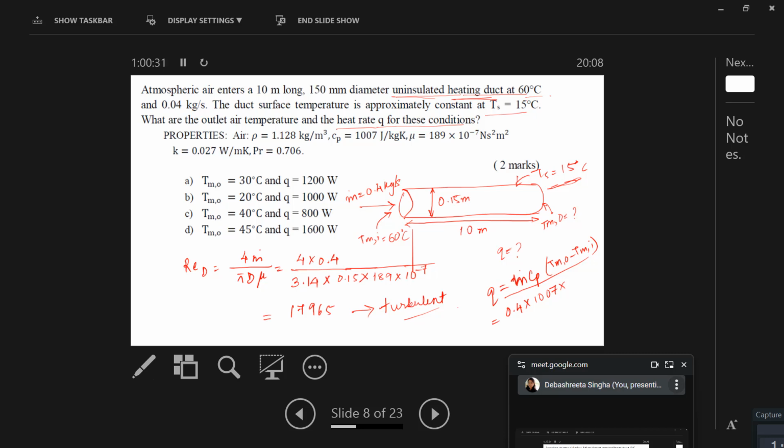Tmo we found out already as 30 degrees Celsius. 30 minus Tmi is 60. So what do we get this as? It is around 1212 watt, but in negative. Okay, so here the first option is the right answer.